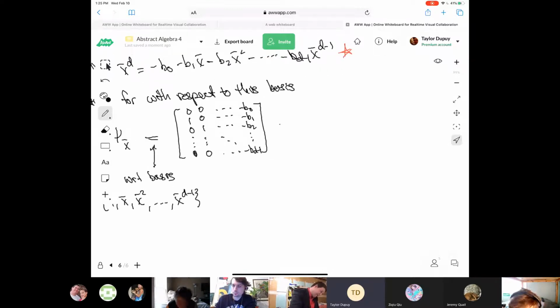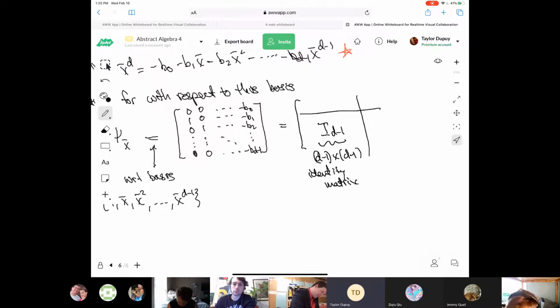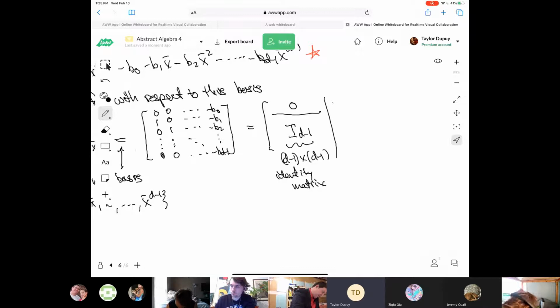So what this looks like is an identity matrix, the d minus 1 by d minus 1 identity matrix. You have zeros here, and then you have the coefficients of the polynomial.